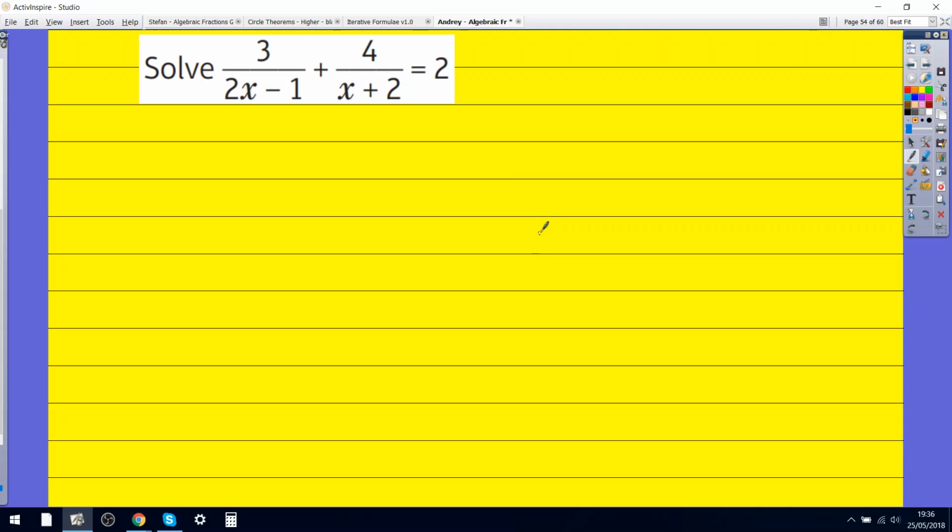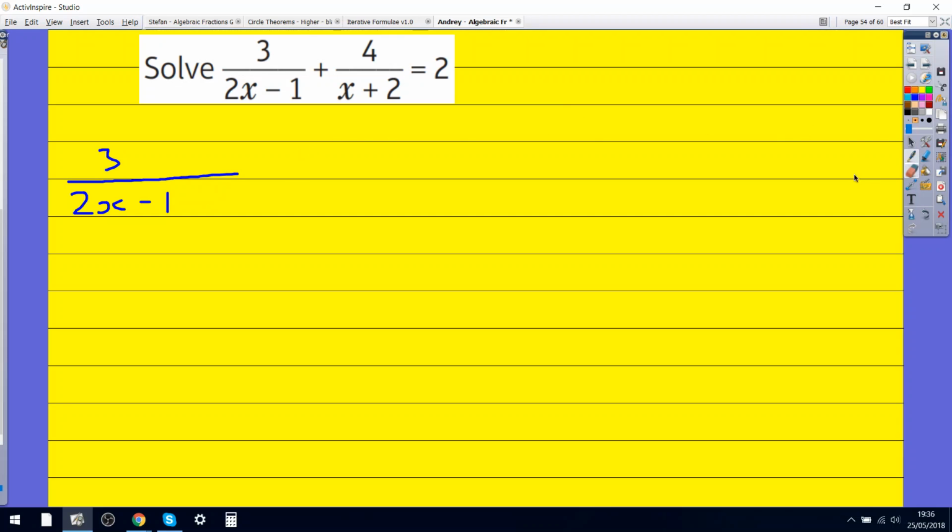Okay, let's try this one. Would we times 2x minus 1 by the fraction on the right and x plus 2 by the fraction on the left? Yeah.